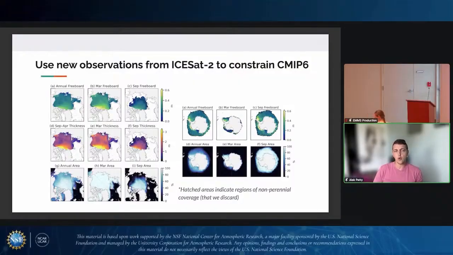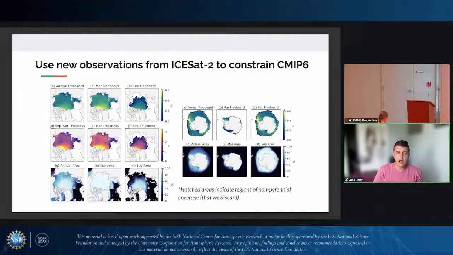Similarly, we can also derive sea ice thickness from that freeboard. We're a little more confident about doing that for the winter Arctic, where we have better information about snow loading. If you eyeball these maps, you can see a lot more spatial information within the consolidated ice pack, and that's the kind of information we want to better leverage for assessing sea ice models.